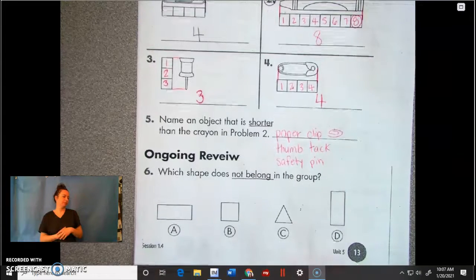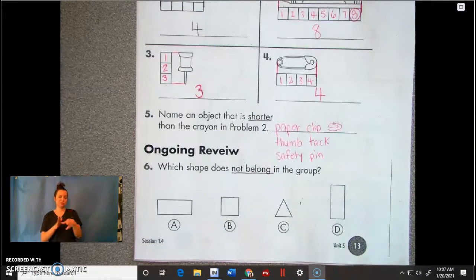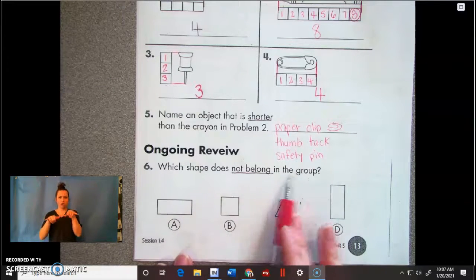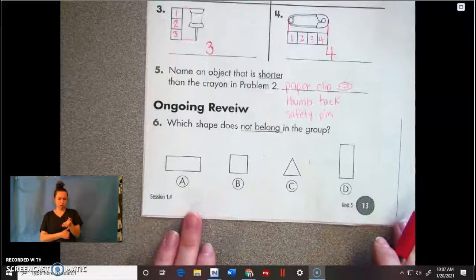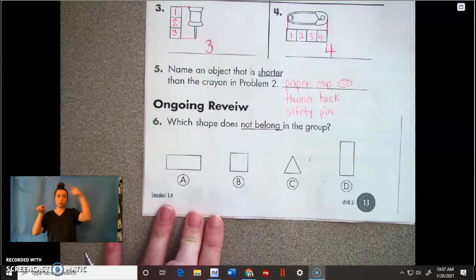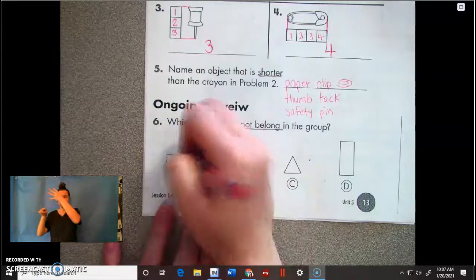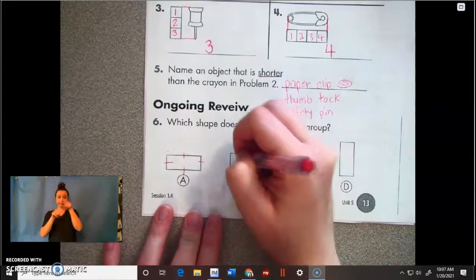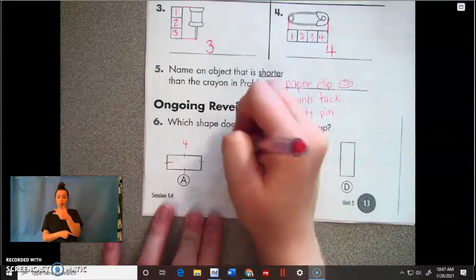All right, let's look at number 6. This is a review question. It says, which shape does not belong in the group? Well, we've got to see what they have in common. This is a rectangle. How many sides does it have? 4 sides. All right, here's a square. How many sides does it have? 4.